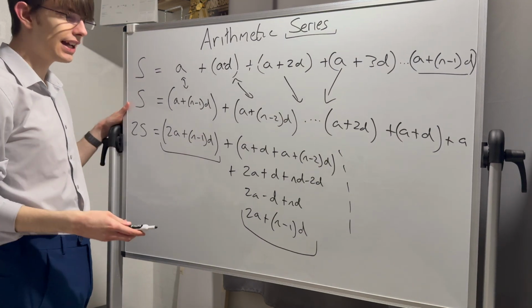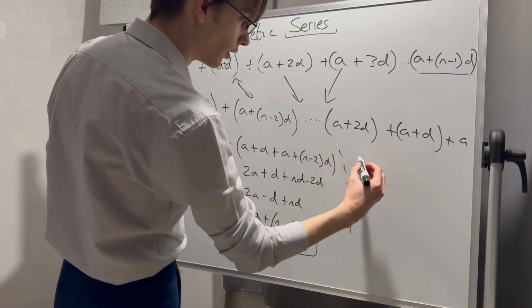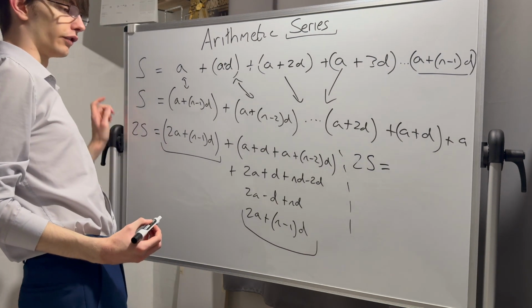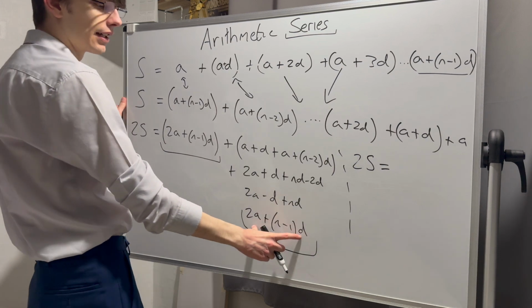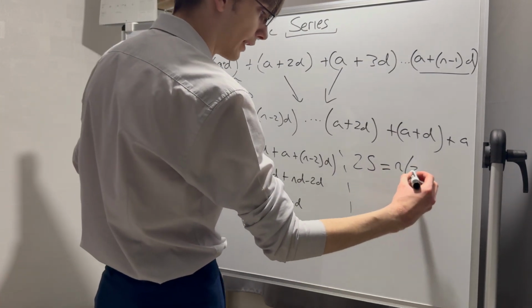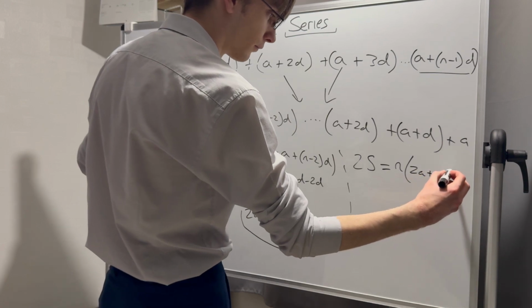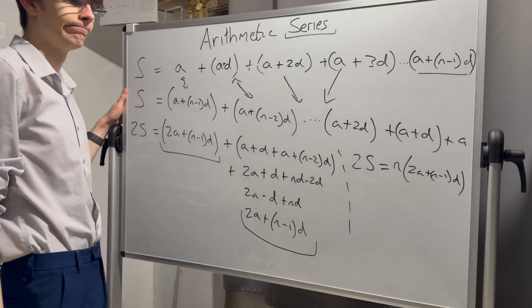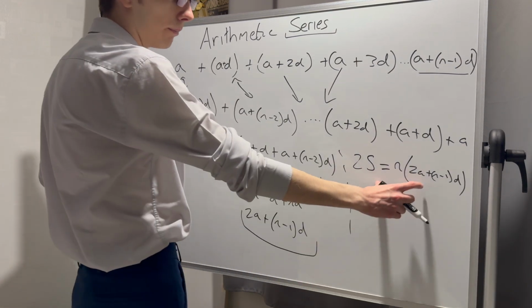So what I'm really doing, I've got my 2s still from here, is I'm adding this to itself n times. I'm multiplying it by n. And this tidies it up a lot.